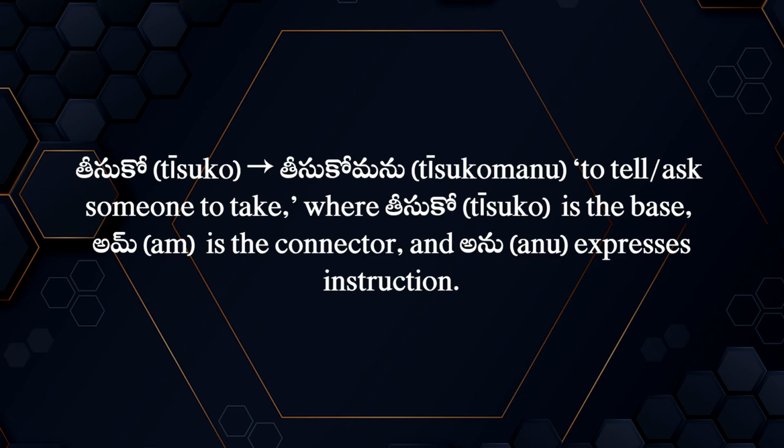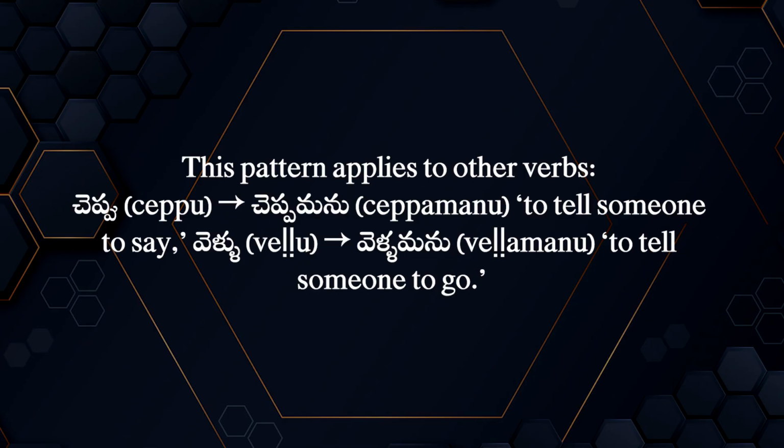Similarly, tisuko becomes tisukomanu. It means to tell or ask someone to take, where tisuko is the base, ma is the connector and anu expresses instruction. This pattern applies to other verbs.